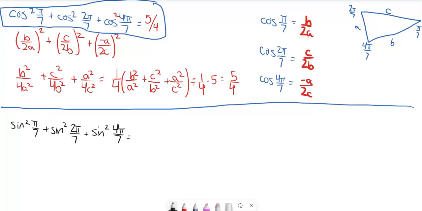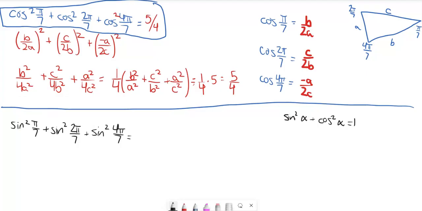Now our next problem is sine squared of pi over 7 plus sine squared of 2 pi over 7 plus sine squared of 4 pi over 7. And we're not going to do anything real drastic with this. We're just going to appeal to the Pythagorean identity of sine squared alpha plus cosine squared alpha equals 1.